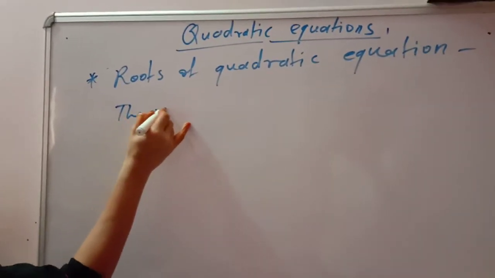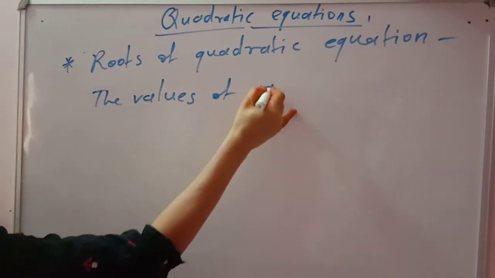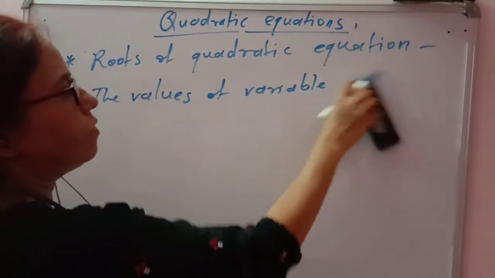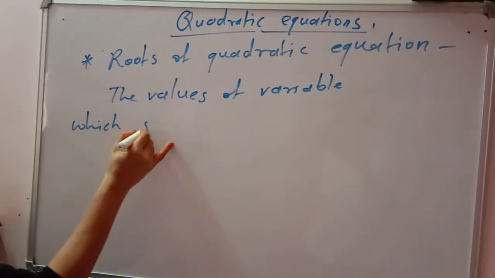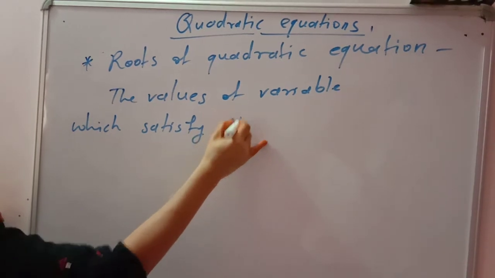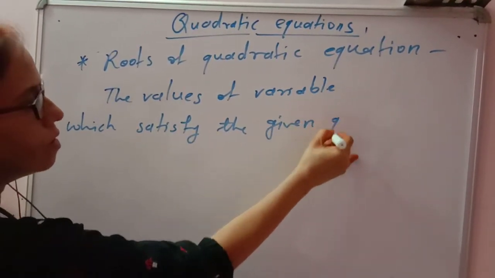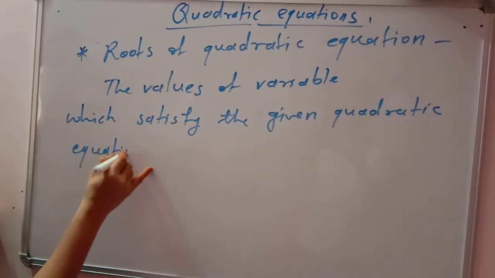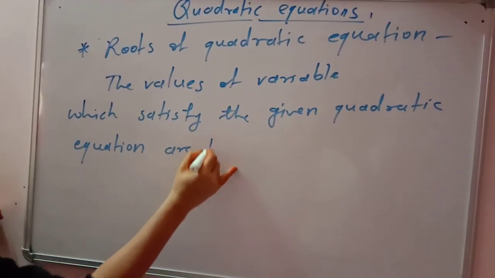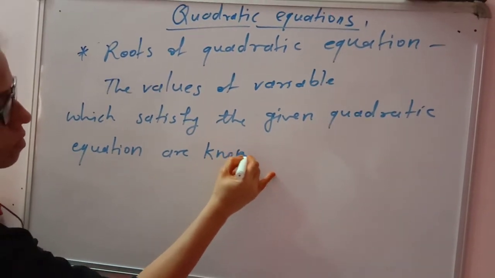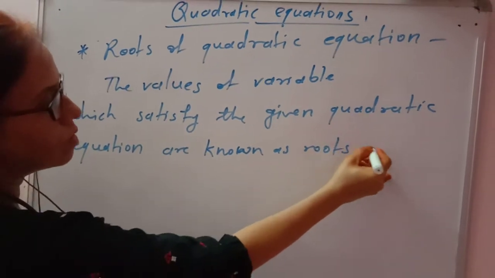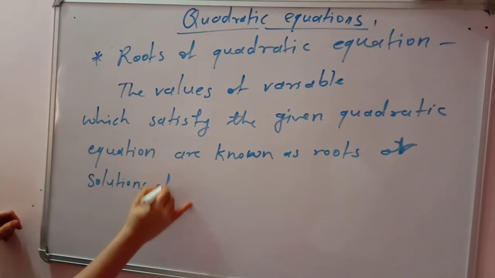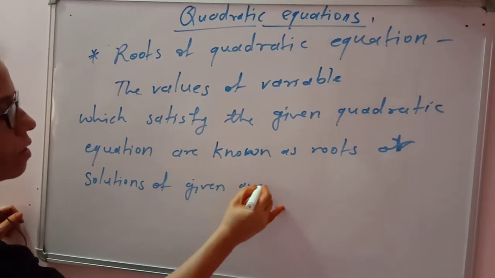So the values of the variable which satisfy the given quadratic equation are known as roots or solutions of the given quadratic equation.